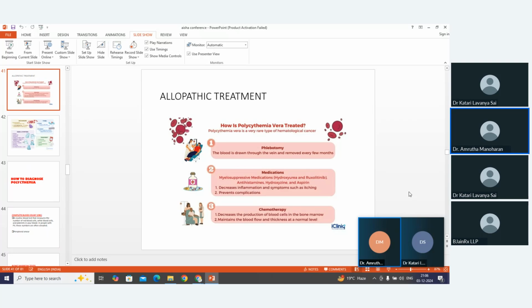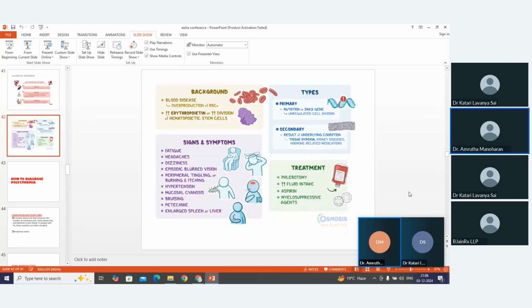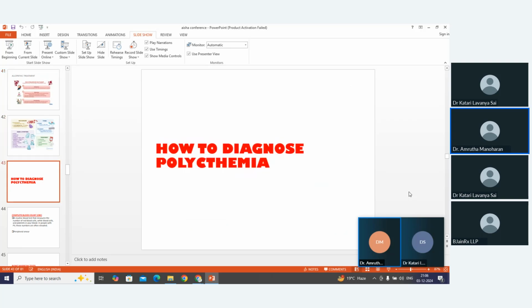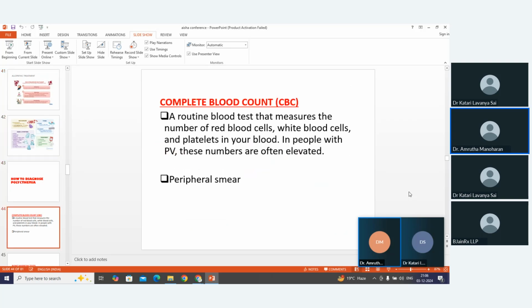These are the symptoms of polycythemia that we already said. The types also we have said. Next, how to diagnose a case of polycythemia. Whenever a patient comes to us with polycythemia, how can we diagnose?